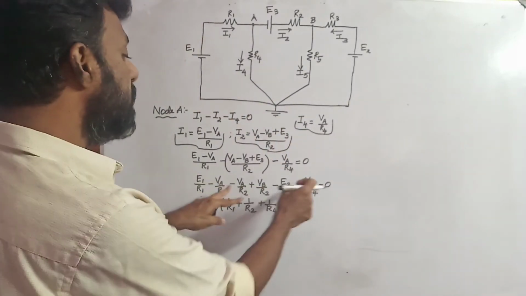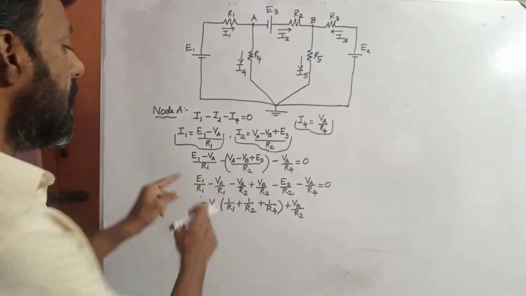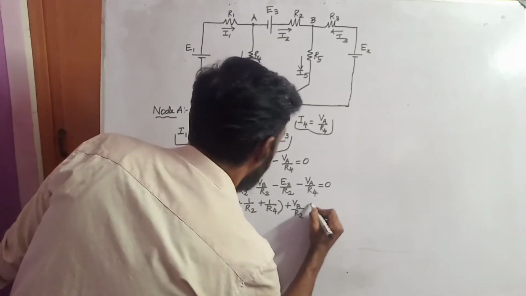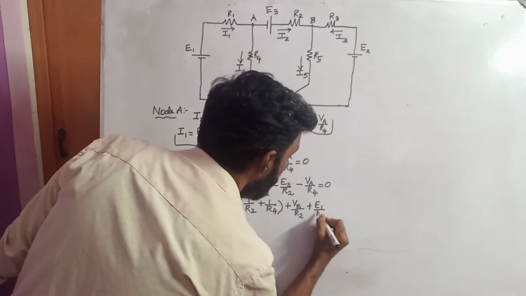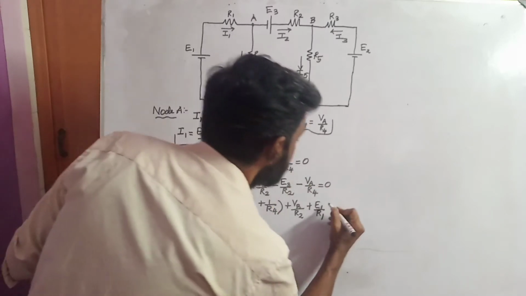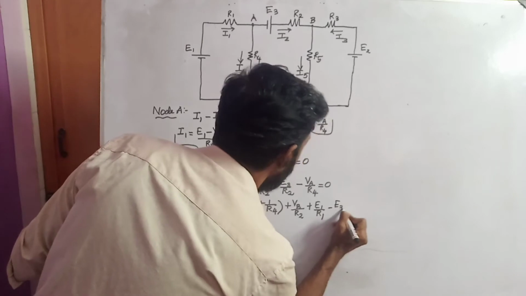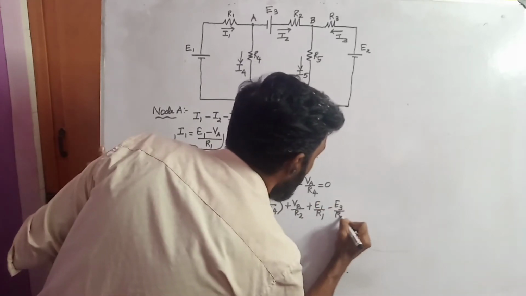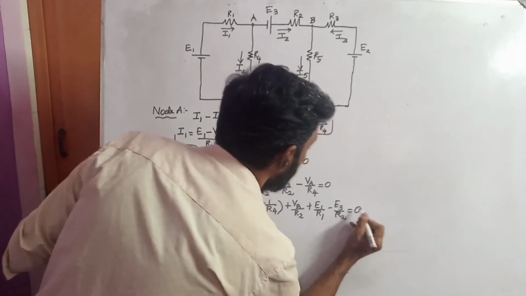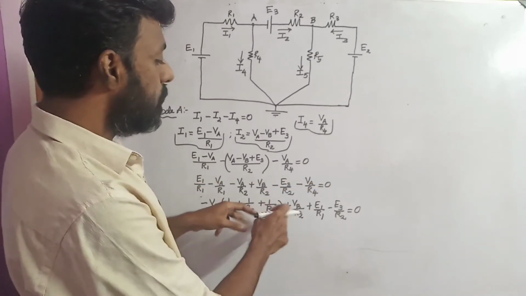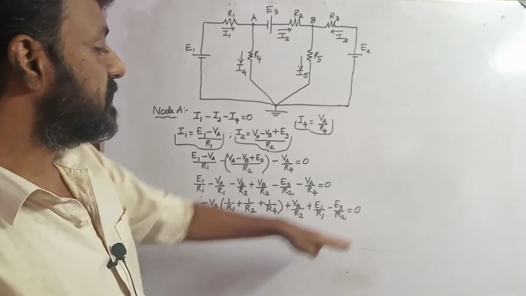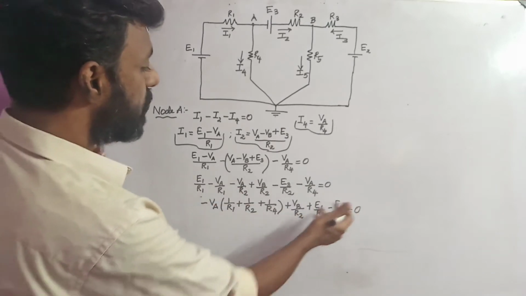So I have 3 VAs, 1 VB, and finally I'll be having plus E1 divided by R1 minus E3 divided by R2 equal to 0. So 1, 2, 3, 4, 5, 6 terms are there. So totally I have 6 terms. So this is the equation.